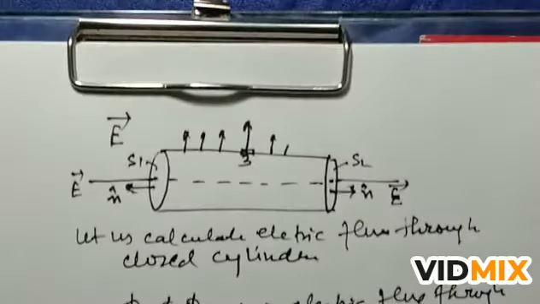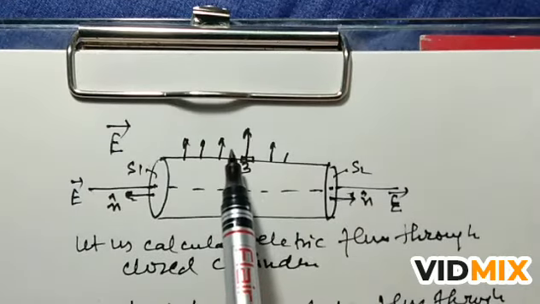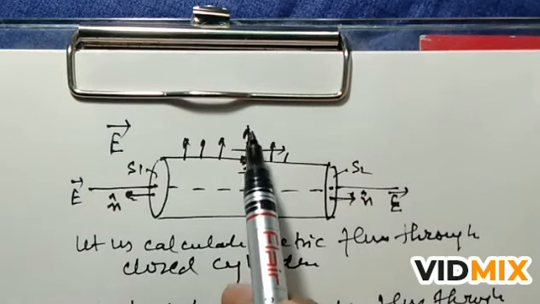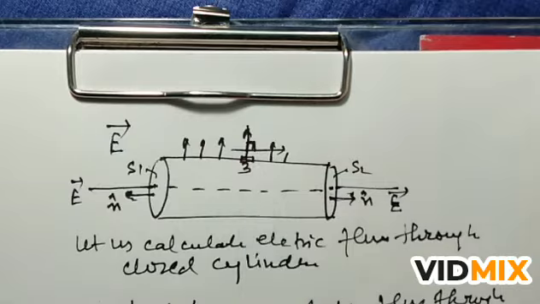And from surface 3, the field is in this direction and the area vector is in this direction, means E is perpendicular to the area vector. So the angle is 90 degrees and cos 90 is 0.